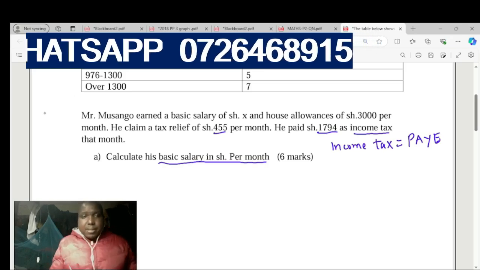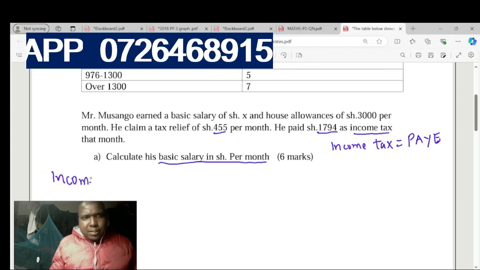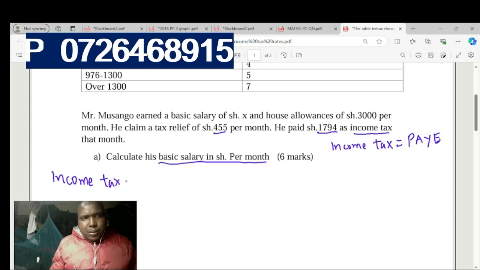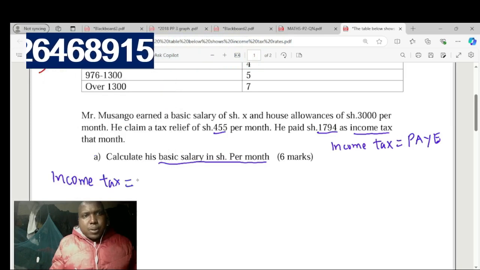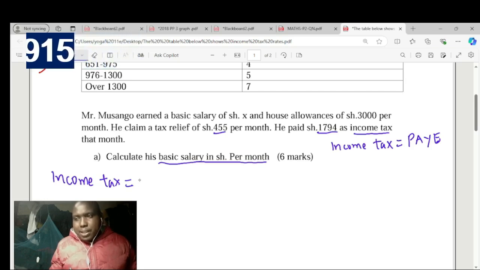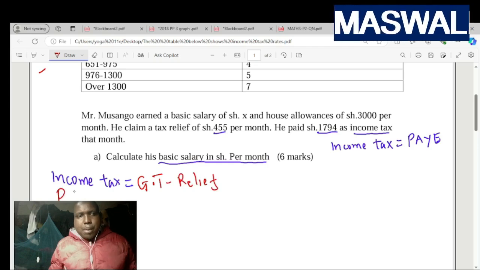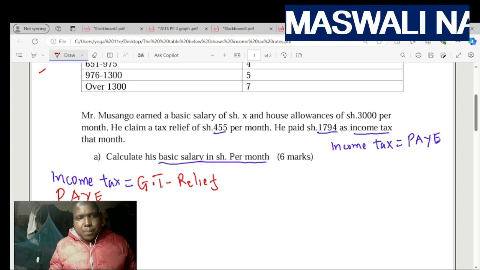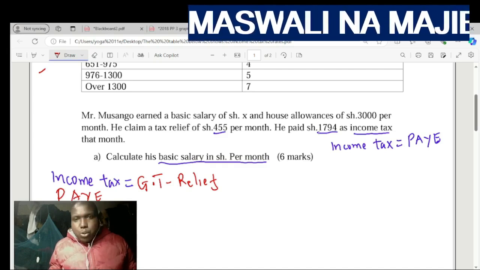We know that PAYE is the same as gross tax minus relief. That's what we know. So PAYE is what we have been given, he paid 1794 per month.